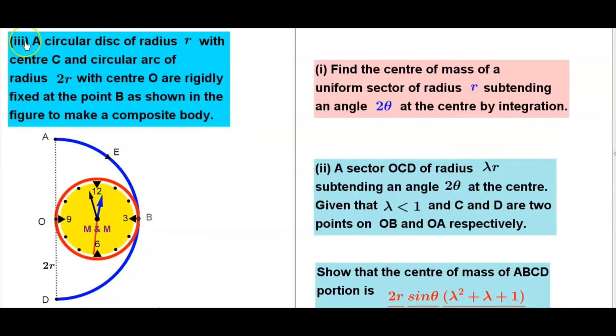Third part, a circular disc of radius r with center C and a circular arc of radius 2r with center O are rigidly fixed at the point B as shown in the figure to make a composite body.